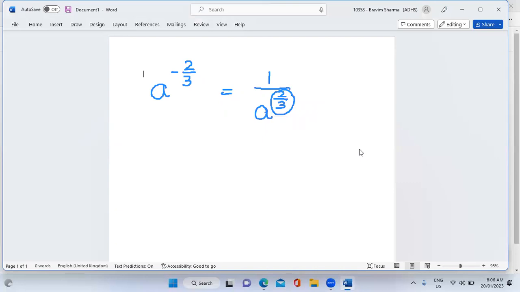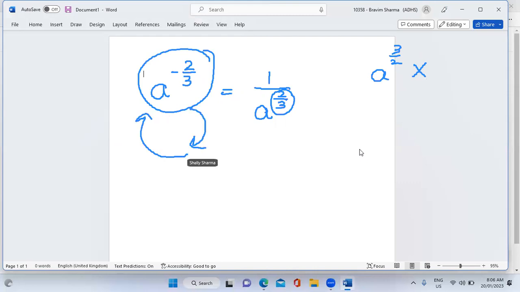Some students might do it like 3/2. No. You always have to bring your power expression from numerator to denominator, or from denominator to numerator, if the exponent value is negative and you want to make it positive. For example, I have 2 raised to the power of -4. So this will become 1/2 raised to the power of +4.